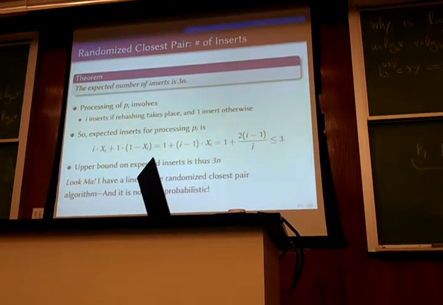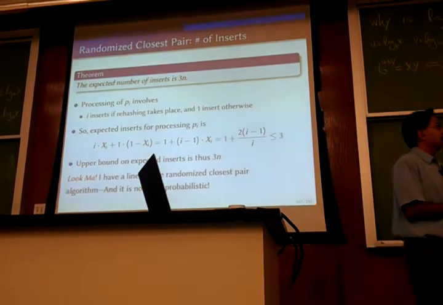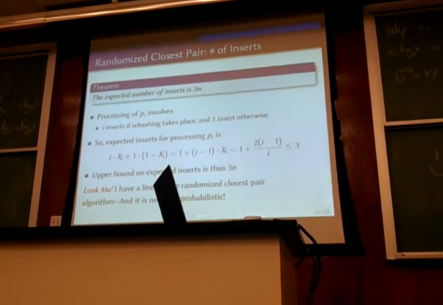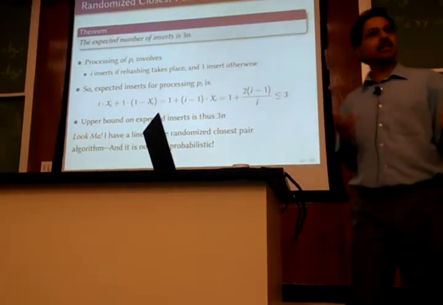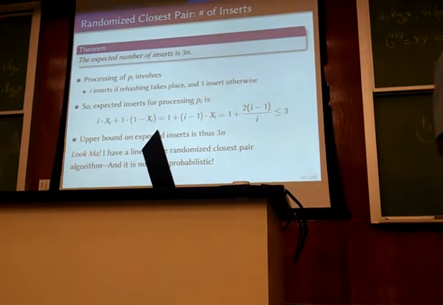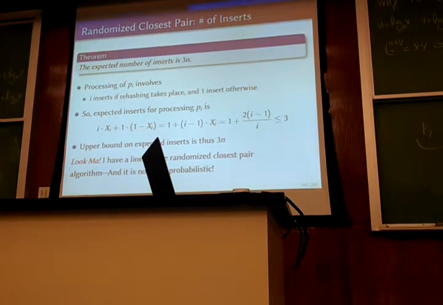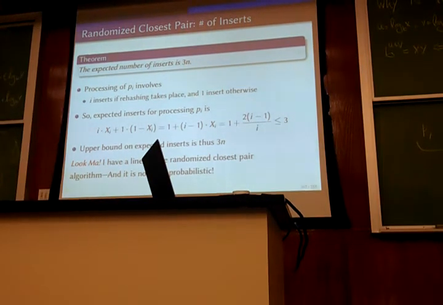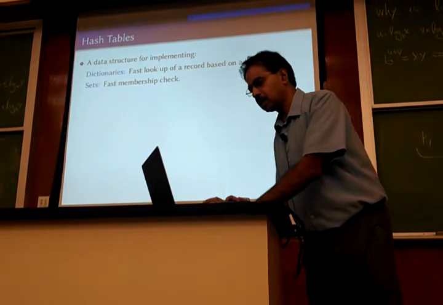When you get that kind of asymptotic speed improvement, very often you have to trade off a deterministic algorithm for a probabilistic one. Whereas in this case, it's deterministic in the sense that at the end you do compute the closest pair. It's not that with high probability you compute the closest pair. You have the closest pair. The answer is correct. The randomness is coming in only as far as speed is concerned.